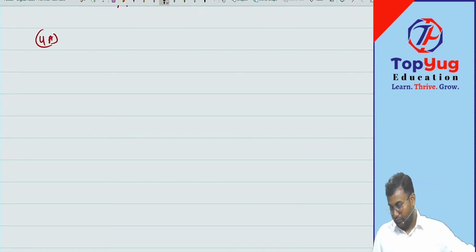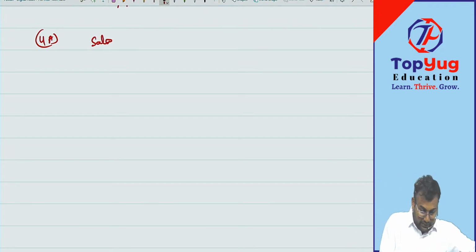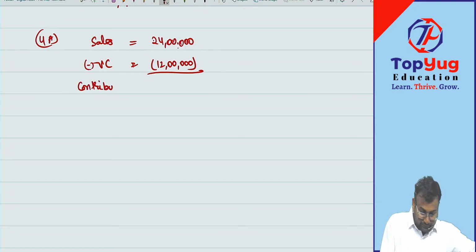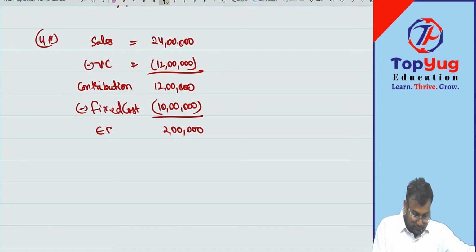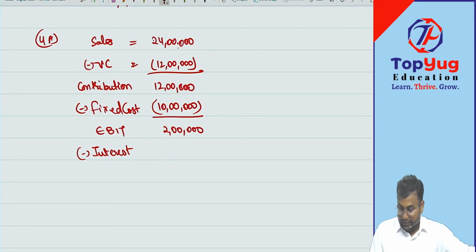4A. Sales 24 lakhs, less variable cost 12 lakhs, then you will have contribution 12 lakhs, then fixed cost. Is the interest given?